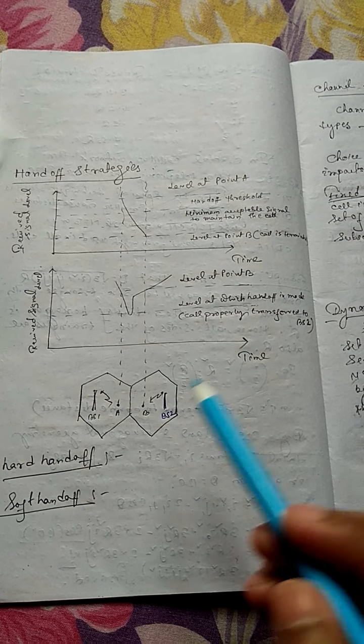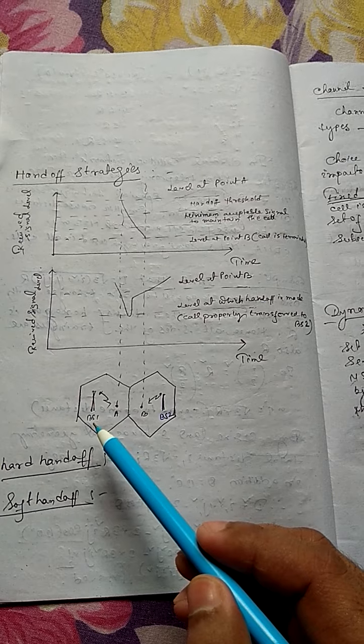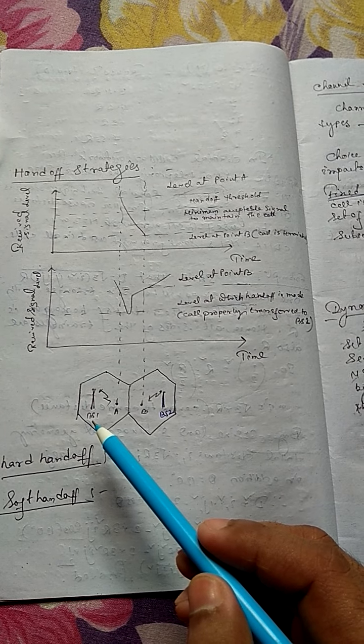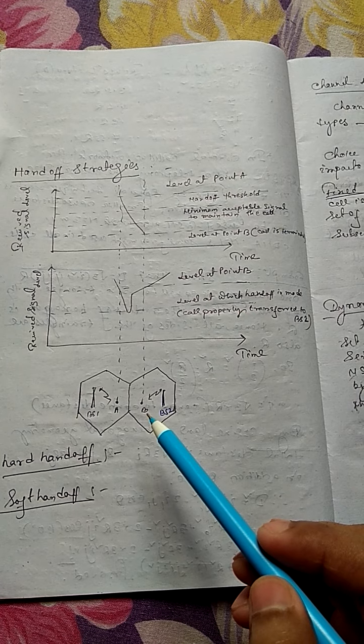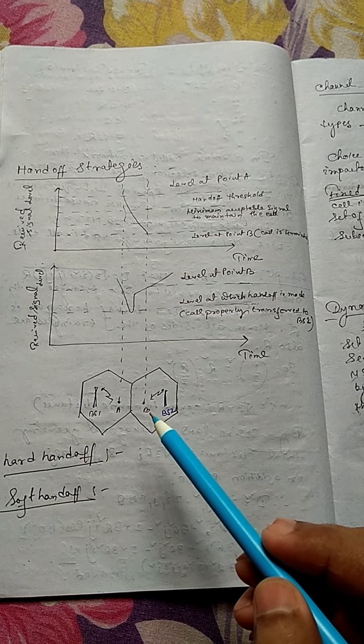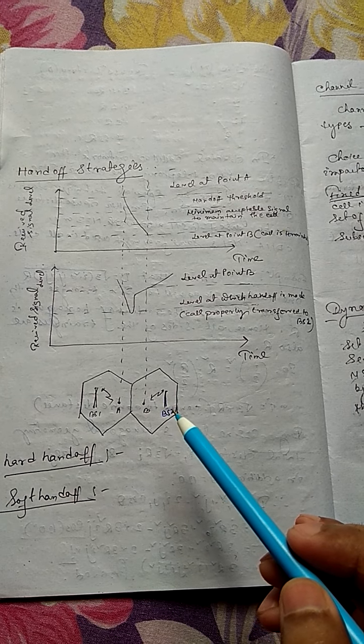Okay, now when we are situated at point A, we are under the BS1 station. When we are situated at point B, we are covered by the BS2 base substation.